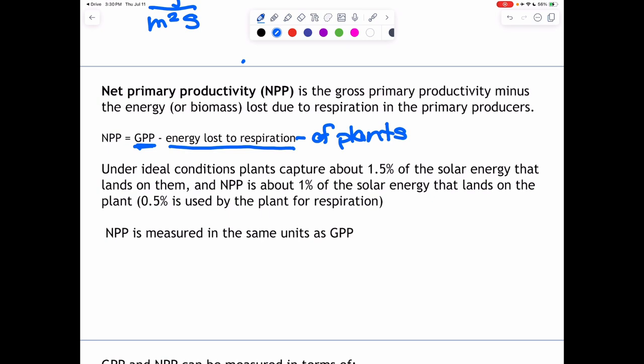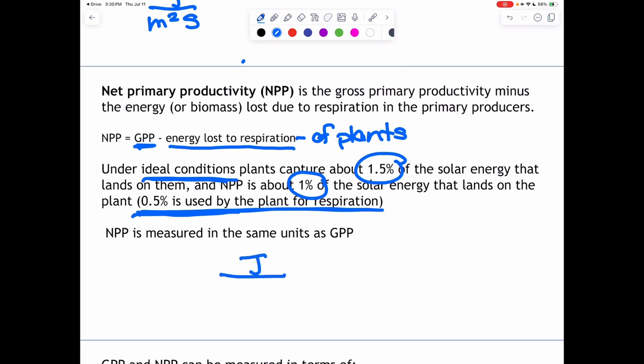Under ideal conditions, they're going to capture 1.5%, and our NPP is going to turn into about 1%. So that means 0.5% is used by the plant for respiration. And we've got the same units as before, normally joules per meter squared per time.